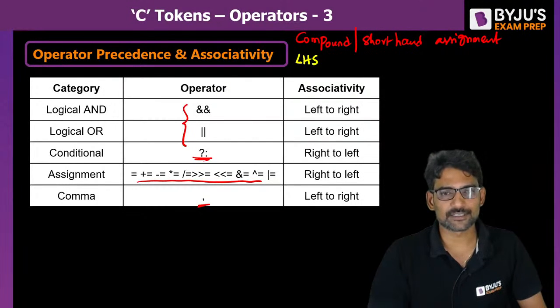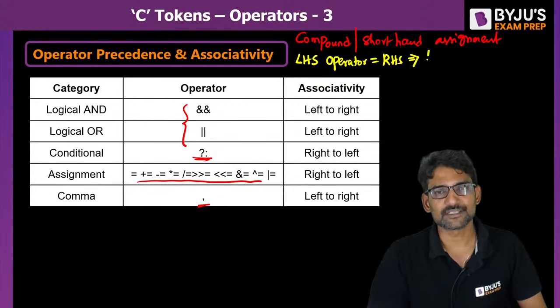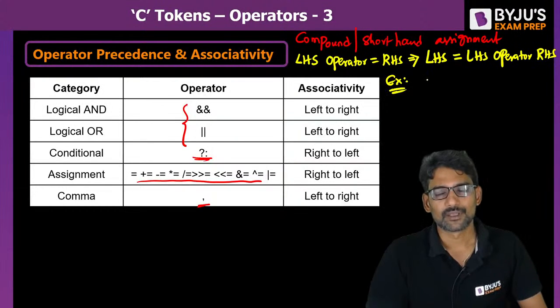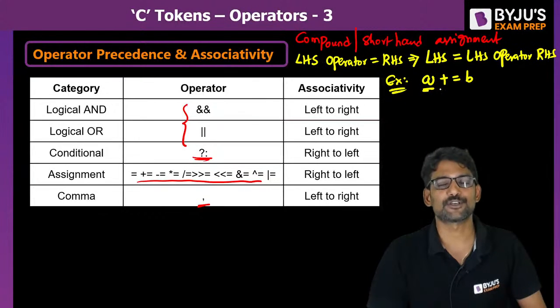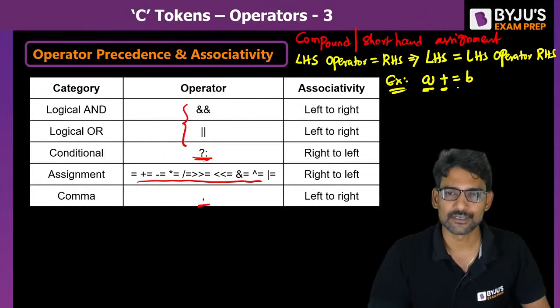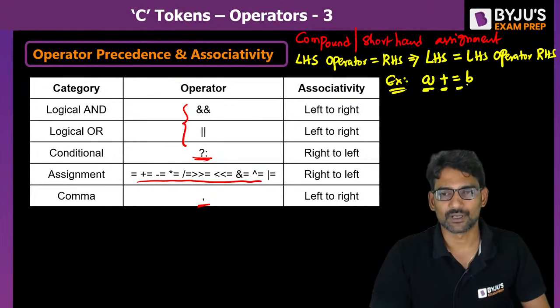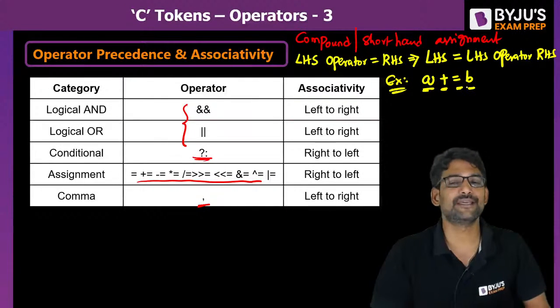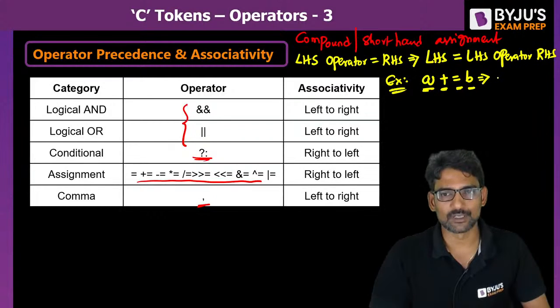Here, LHS operator equal to RHS means LHS is equal to LHS operator RHS. Example, A plus equal to B. Here A is the LHS, the operator is plus, and B is the RHS. So this is equal to A equals A plus B.